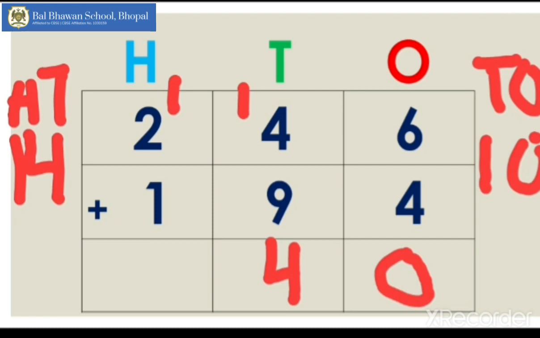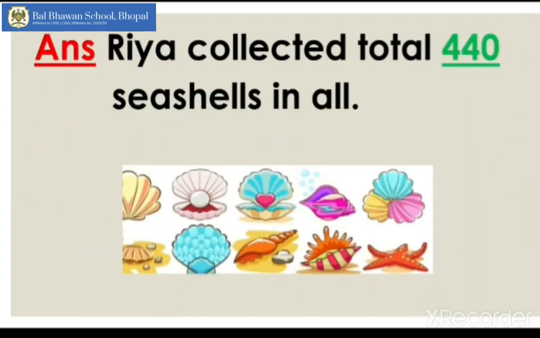So now we will add the digits given at hundreds place. Now these are 3-digit numbers. So 2 plus 1, yes, it is 3, and 3 plus 1 carryover, it is 4. Okay. So now what is the answer? 440.